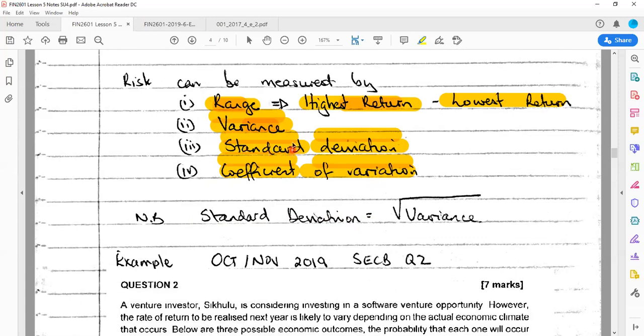To get the standard deviation, we first have to calculate the variance. Then if we find the square root of the variance, that gives us the standard deviation. So the standard deviation is simply the square root of the variance. It's better shown through an example.